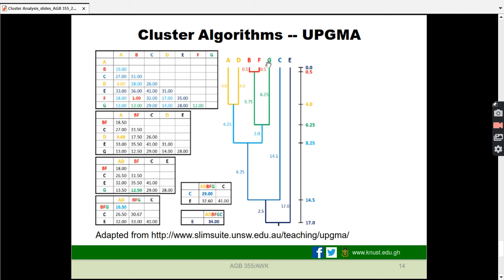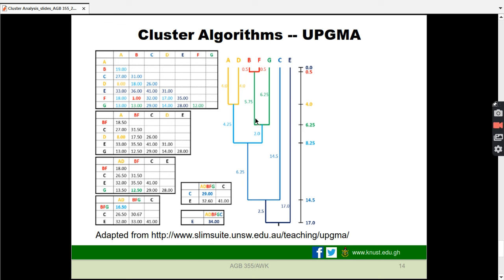Because we already have 0.5 from BF, we would have to get 5.75, so that when you add, you get the 6.25, and you draw it to the 6.25 mark here.